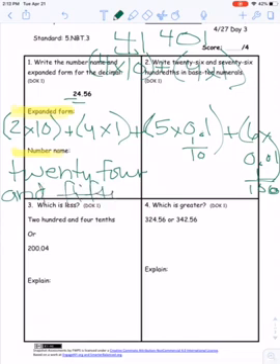No, 56 what? What place value is that 6 in? 5 is in the tenths, so 6 is in the hundredths, so 56 hundredths. I'll give you a second to write that down. Then I'm going to erase a little bit so that we can move on to that second one.